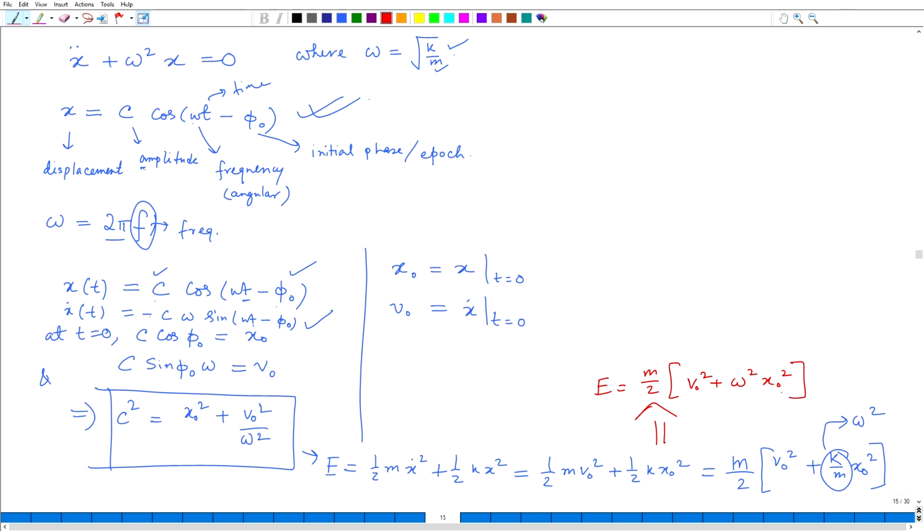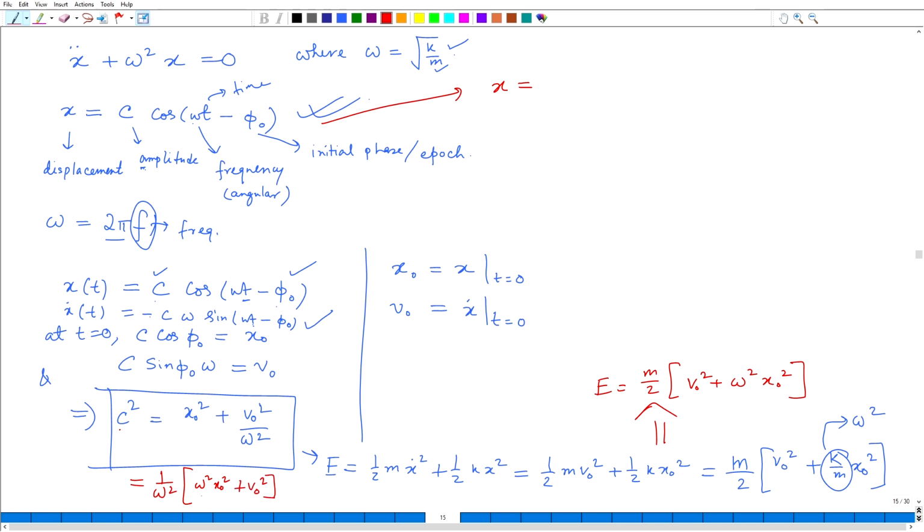Okay. Now, we know c square is equal to x 0 square plus v 0 square by omega square. So, I can actually write something here. If you just tell me whether you agree with me or not, then I can write c square as 1 over omega square times x 0 square plus v 0 square.